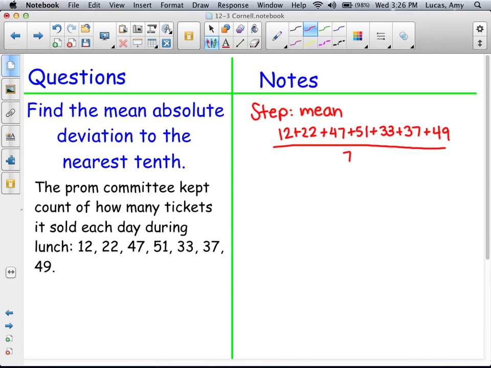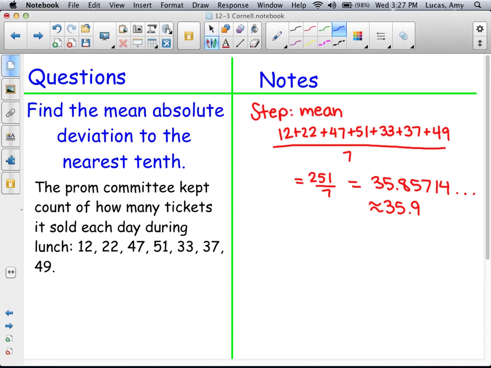There are 7 numbers, so I'll be dividing by 7. When I add them up, I get 251. So 251 divided by 7 is 35.85714, and so on. So I'm going to round that to 35.9.